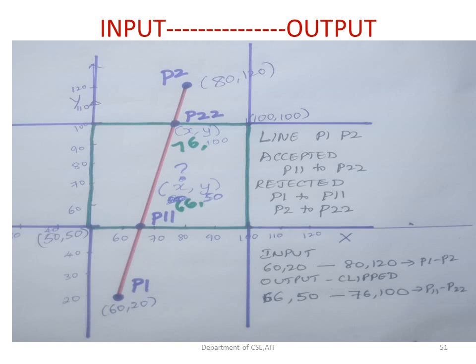So the line from P1 to P2 has been clipped, and only the part between P11 and P22 is accepted, while P1 to P11 and P2 to P22 are both rejected. The input we had was (60, 20) to (80, 120), and the output I am going to get is the clipped line from (66, 50) to (76, 100).